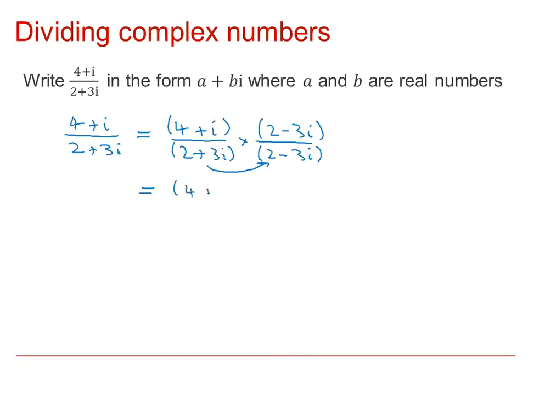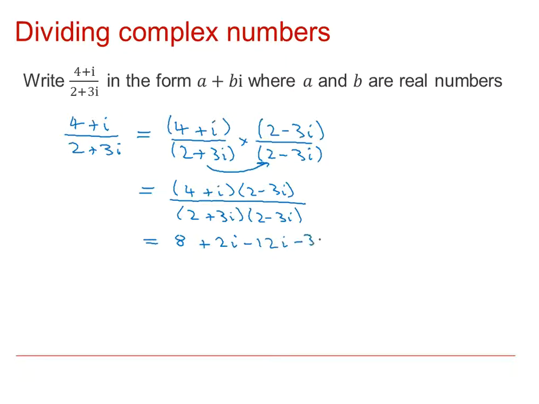So we've got 4 plus i, and we need to multiply by 2 minus 3i, and in the denominator 2 plus 3i, which we multiply by 2 minus 3i, its complex conjugate. The top becomes 2 4s are 8, we've got i times 2 is plus 2i, we've got 4 times minus 3i is minus 12i, and then i times minus 3i is minus 3i squared.